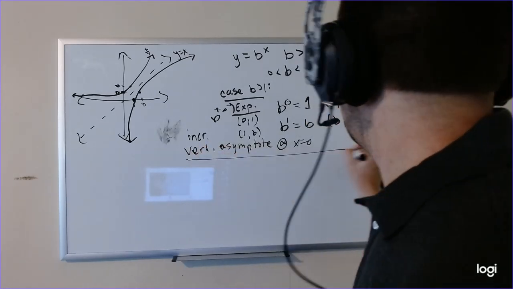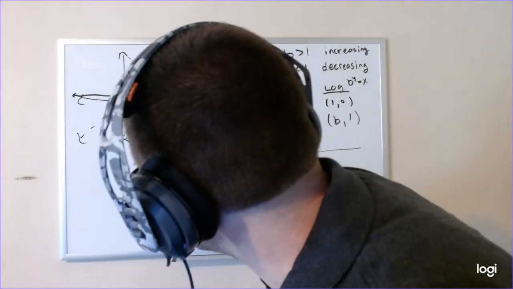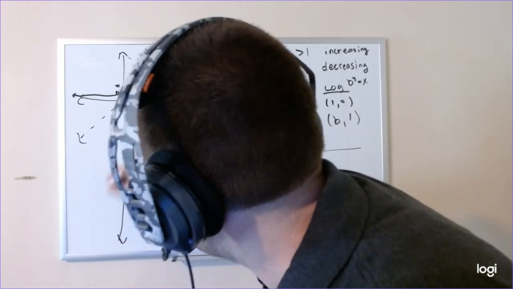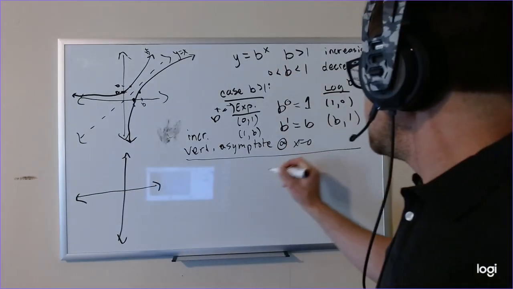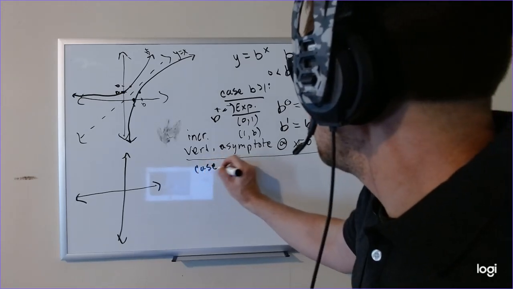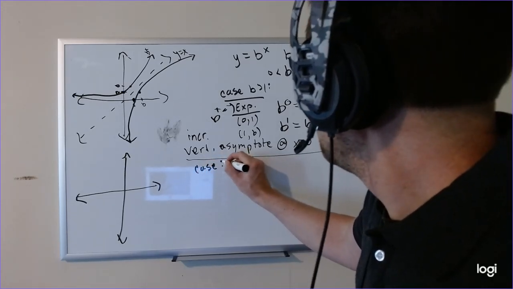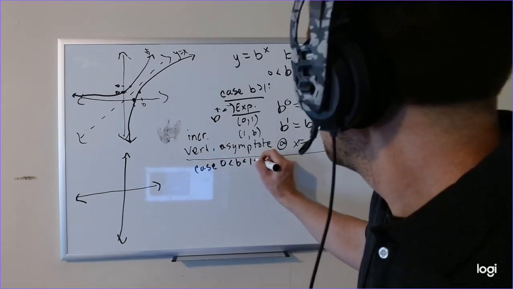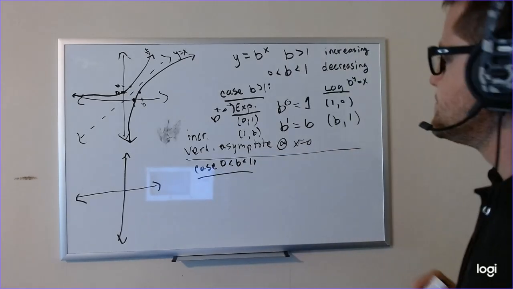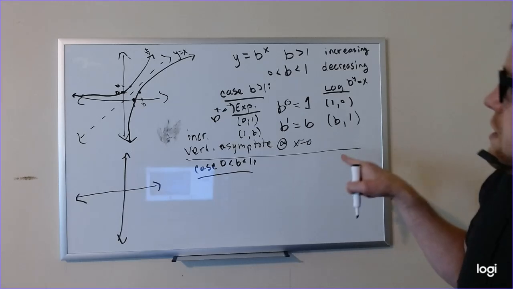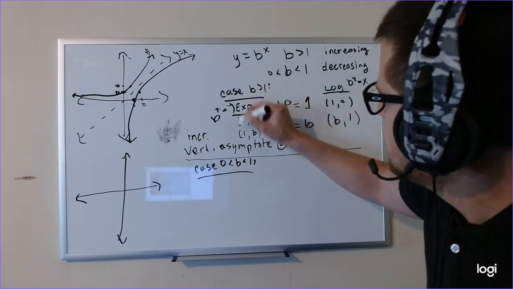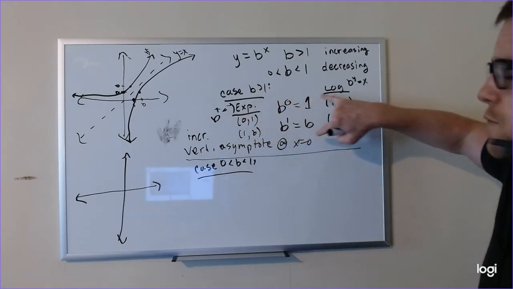All right, so now we have another case. Draw some axes over here. Our other case was with b is less than 1, or 0 is less than b is less than 1. This part right here really didn't depend on b being greater than 1, did it?